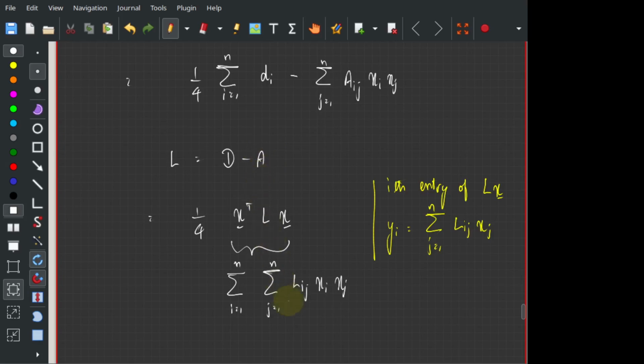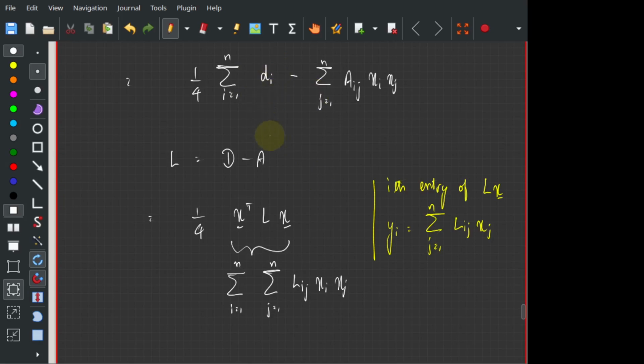If i is equal to j, then Lij is di minus Aii. But what is Aii equal to? It's always 0, because we're assuming that there are no self loops. That's an assumption that we're making.